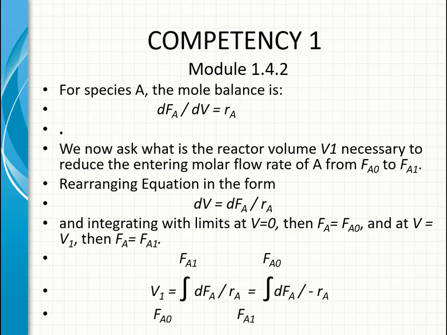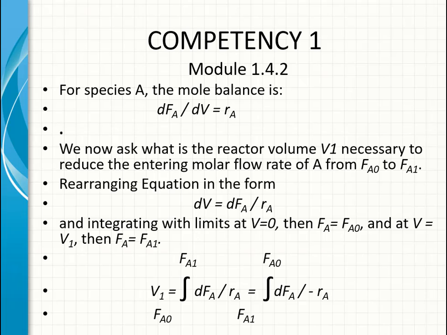We now ask ourselves, what is the reactor volume V1 necessary to reduce the entering molar flow rate of A from FA0 to FA1? If we rearrange the equation, we will have that dV is equal to dFA divided by RA.